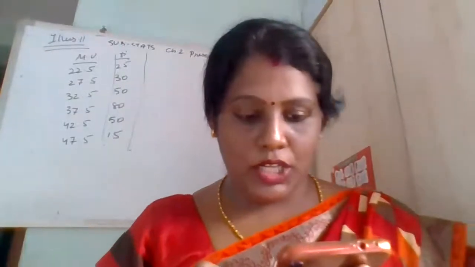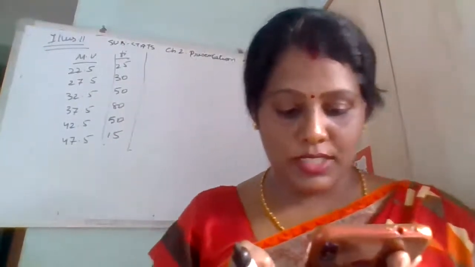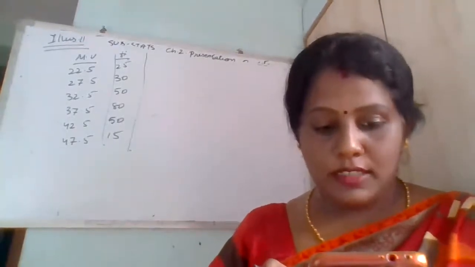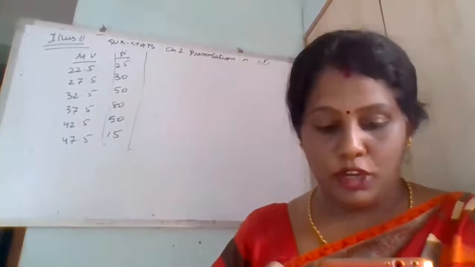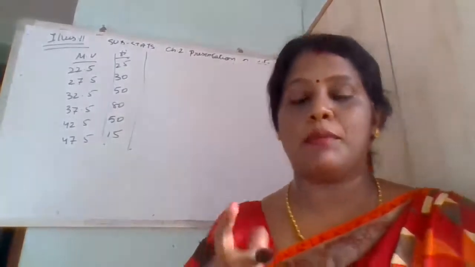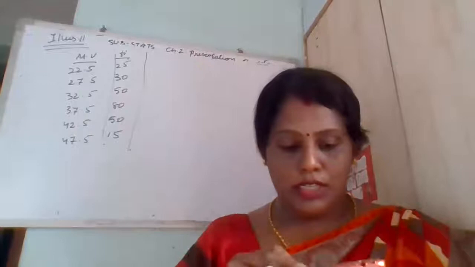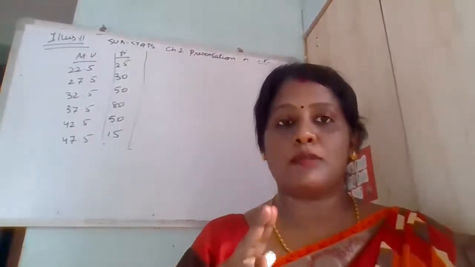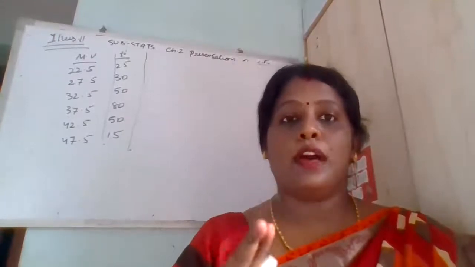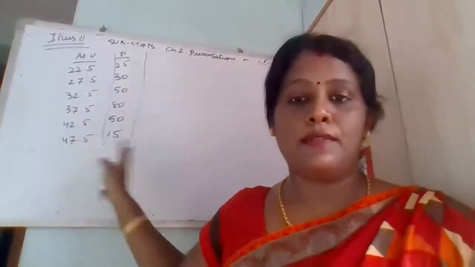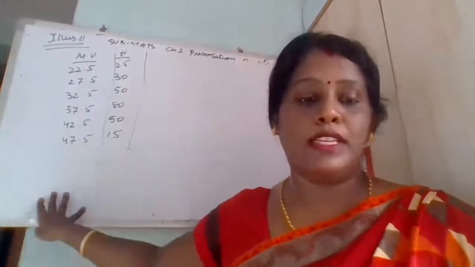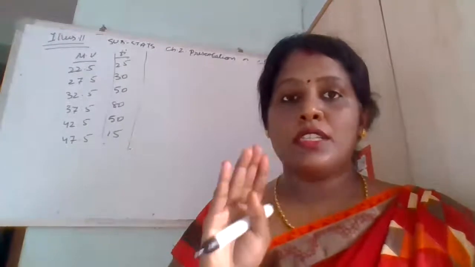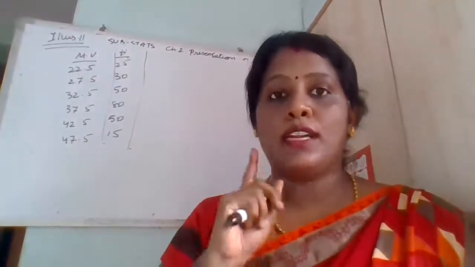You have to find a continuous frequency distribution. Here mid value is given, so you have to find a continuous frequency distribution. For that, you have to follow one formula, that is lower limit and upper limit. Here it is said continuous frequency distribution, so for that you have to find a class. Here mid value and frequency are given. So with the help of this mid value, you have to find a class, right? Continuous frequency distribution means to find out the class, right?